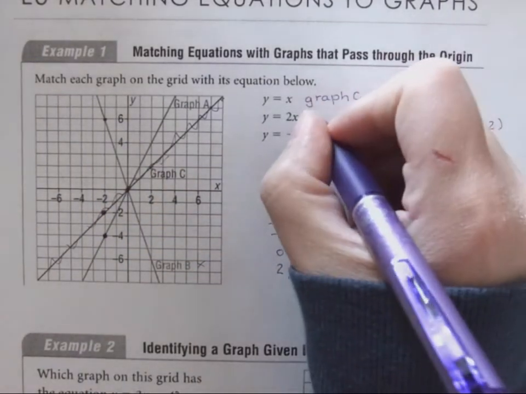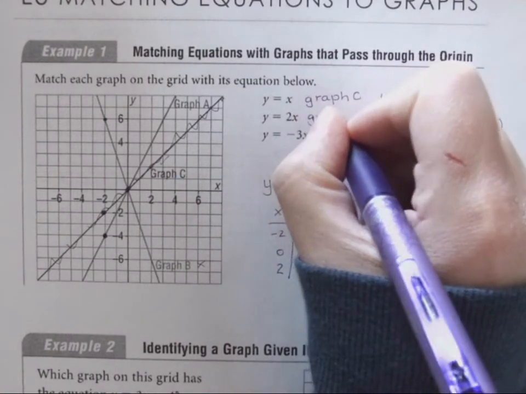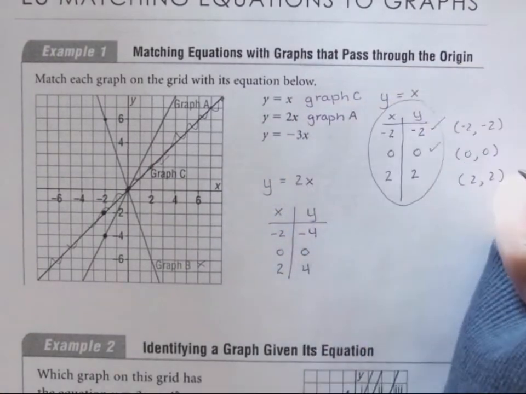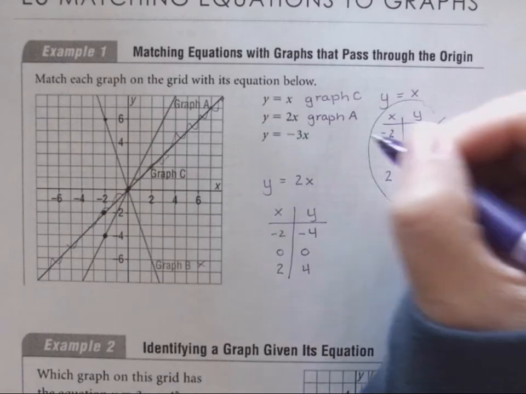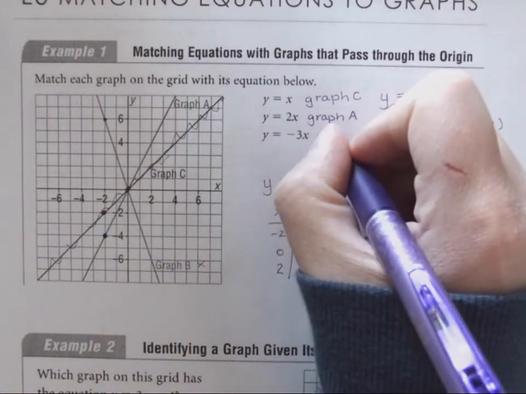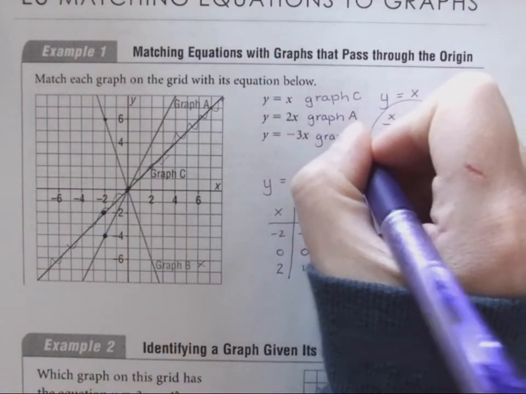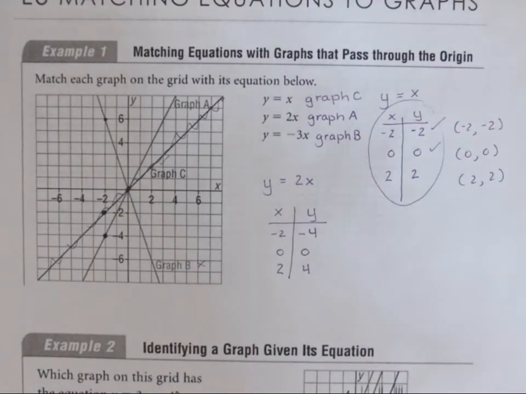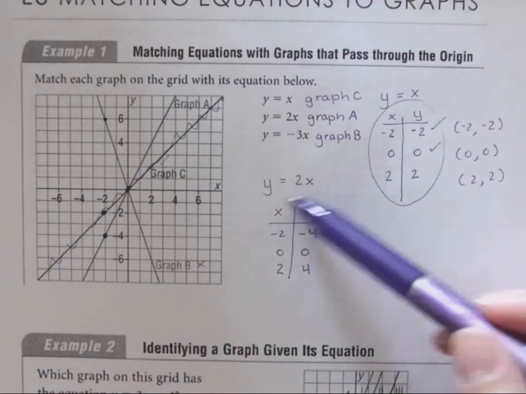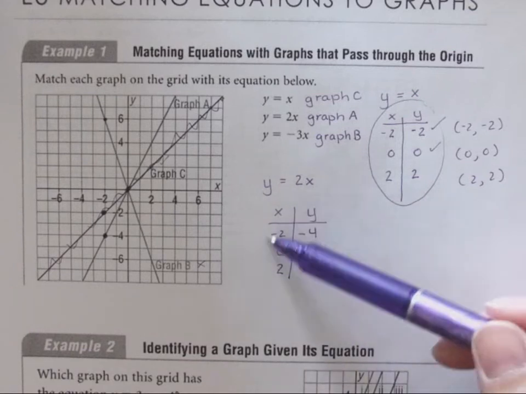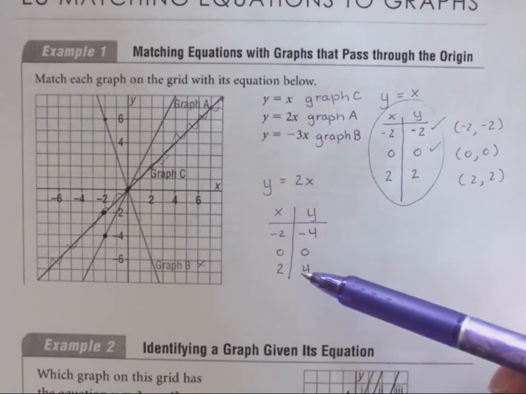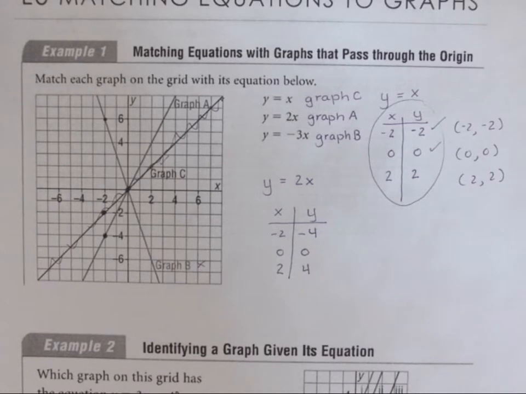Yay! So this one is graph A. So by default, we know that this is going to be graph B. So we've had to do a little bit of work, but it's not a ton of work. And I'm not doing like a super serious table of values. I'm doing something very quick. Okay? Easy peasy.